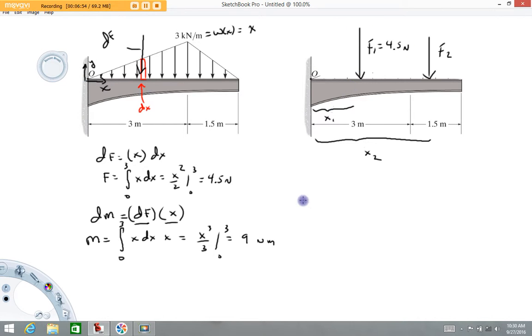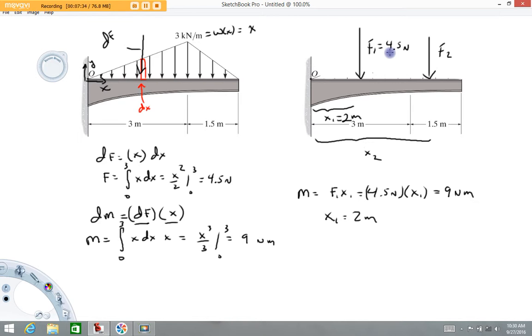F1 is at an unknown location, but the moment that it creates is equal to F1 times X1, or in this example, 4.5 newtons times X1, and we need that moment to equal 9 newton meters about point O. And then we can solve this for x1, and we get 2 meters. So we know that this force is applied at 2 meters from the left end, and it's a 4.5 newton force.